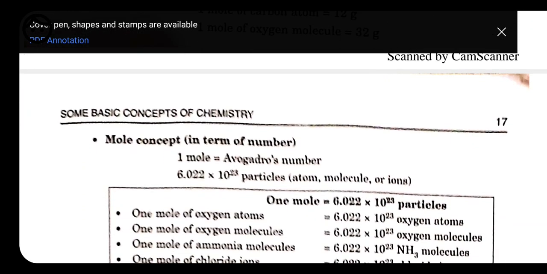If it is asked to define Avogadro's number, you can write: it is the number of particles present in one mole, equal to 6.022 × 10^23. This many particles may be present in atoms, molecules or ions. That's why they are called entities.